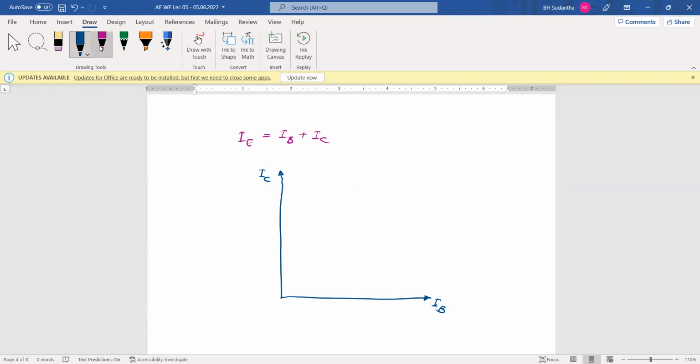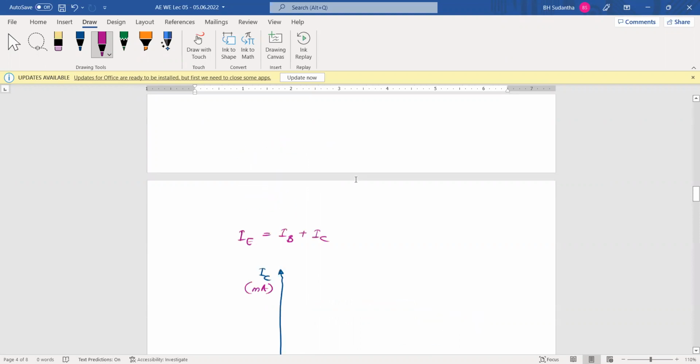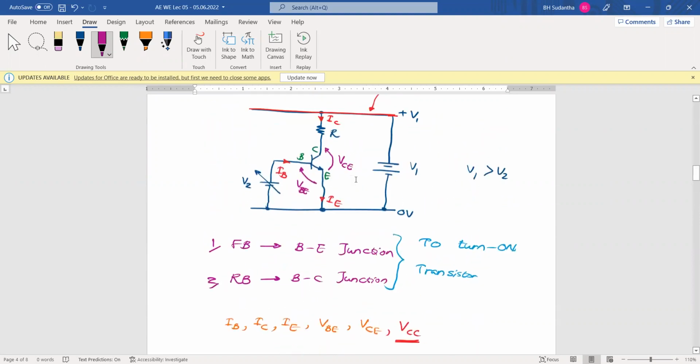And this one, IB, may be in microampere range. This may be in milliampere range. Okay. It's not all the time fixed, but I'm just showing you that to compare. What do you think about these two?